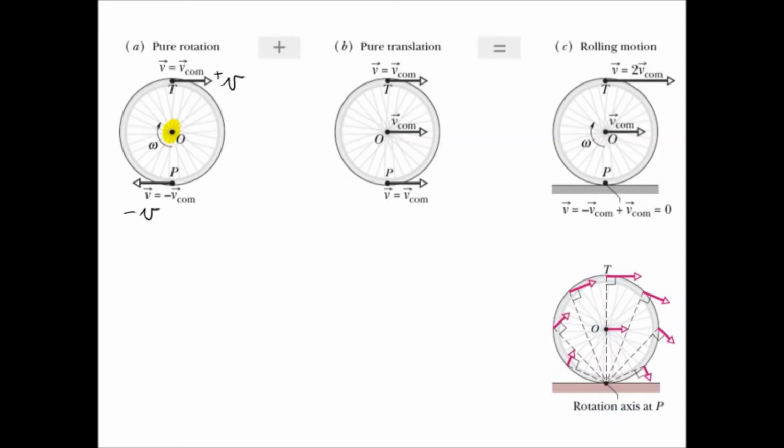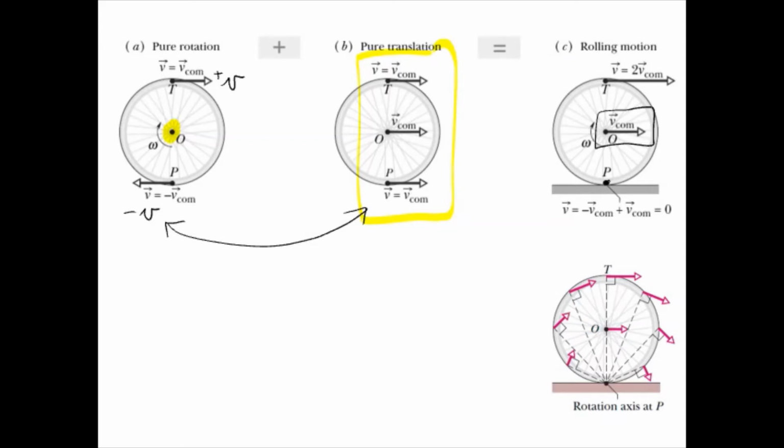However, if the wheel is rolling along down the road, then we kind of have to add that velocity into the situation. And when we do that, it turns out, because of this relationship between v and omega, that if the center of mass of the wheel is moving at a speed we'll call v_COM, then the bottom of the wheel, if I add these two things together, right? So our speed v here is the speed of the wheel down the road.